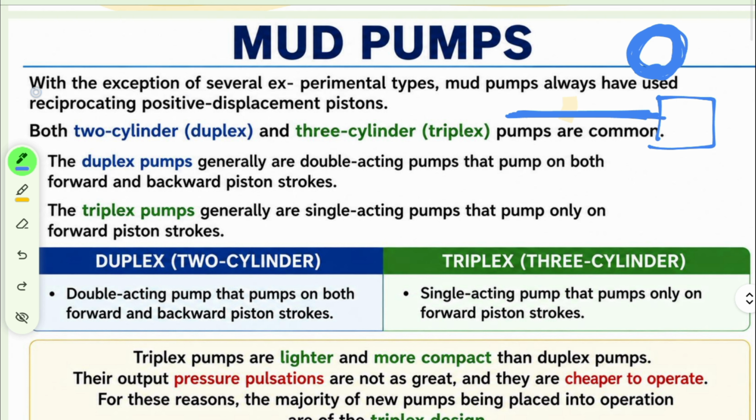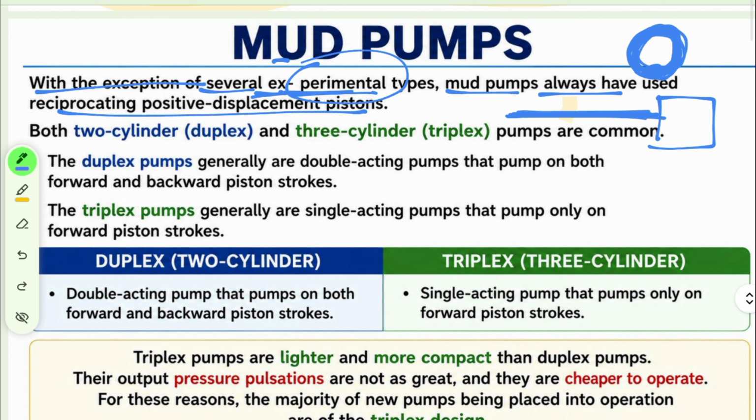With experience of several examples, mud pumps always use the reciprocating pump, right?